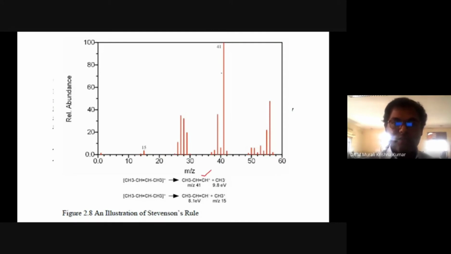That's why you can see here that 41 is actually the base peak. One reason is that ionization energy supports it. The second is that resonance stabilization also supports it. But as far as Stevenson's rule is concerned, formation of the bigger ions is favored.